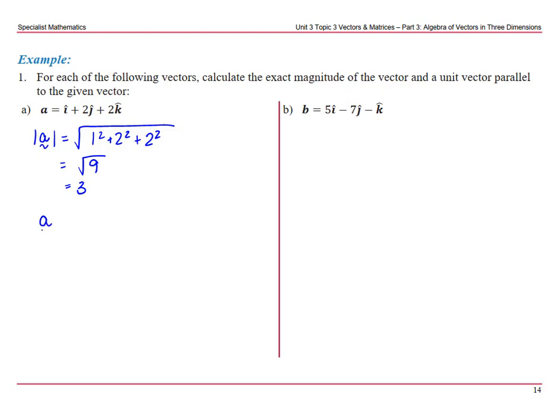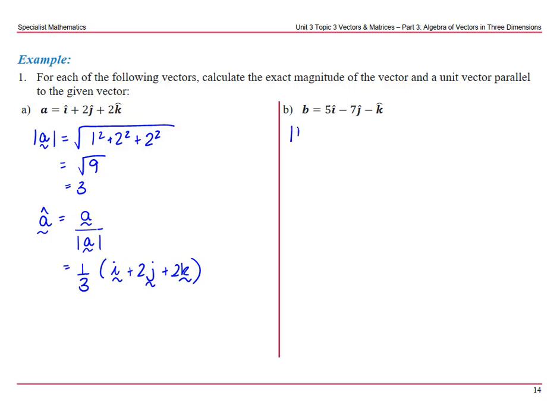So our unit vector is going to be our vector divided by its magnitude. So that is 1/3 times i plus 2j plus 2k. So now you can see why that 1 over 3 is out the front. So try the next one yourself, pause the video, see how you go.